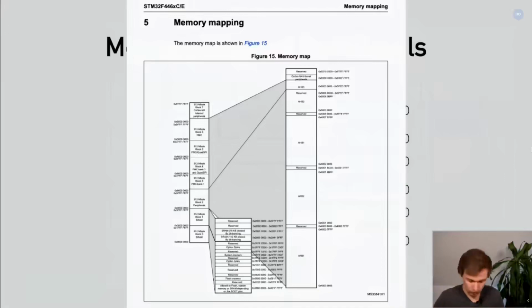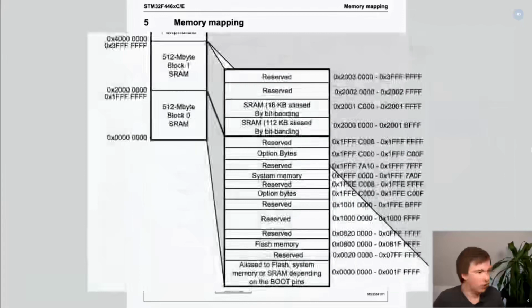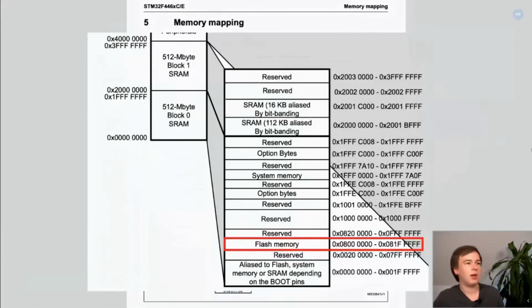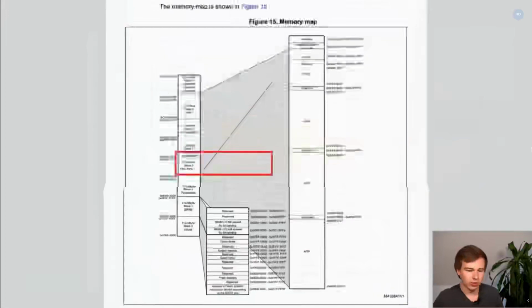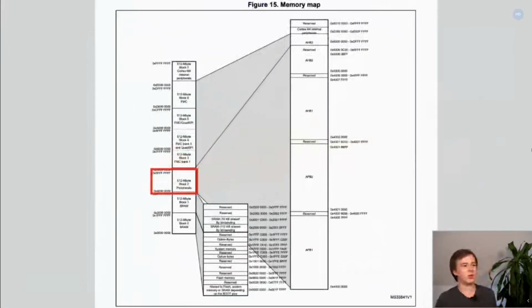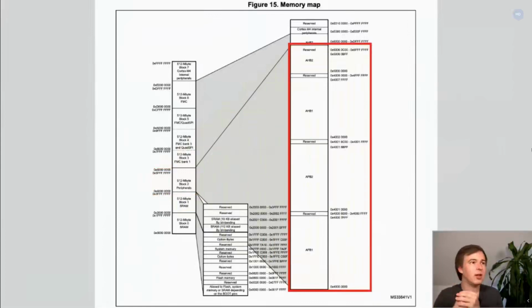For example, if we zoom into the lower part right here, we can see that the flash memory of our processor starts at hex 800 and that our RAM starts at hex 2000. And if we go back, we can see that there's one big area reserved for peripherals, which are extended on the right side. And these APB, AHB, and so on just are different buses that are in the chip.